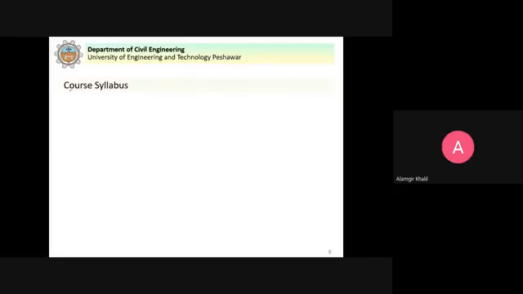Now the course syllabus. So in the first part of this course, we are going to study introduction to water resources. In this, we will study what the different sources of water are.